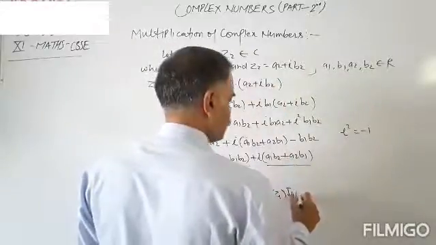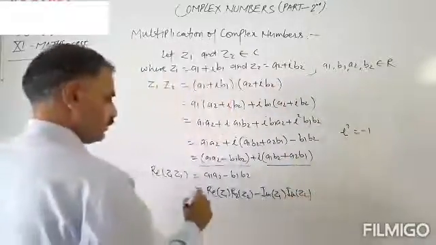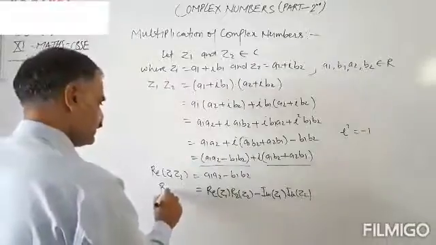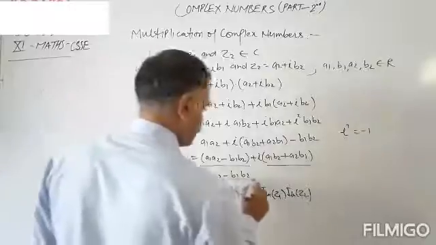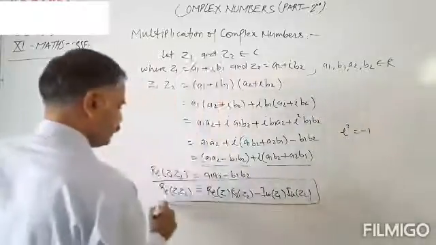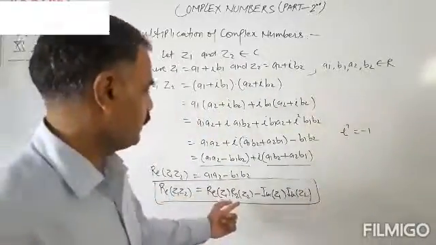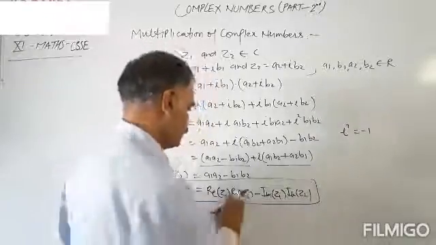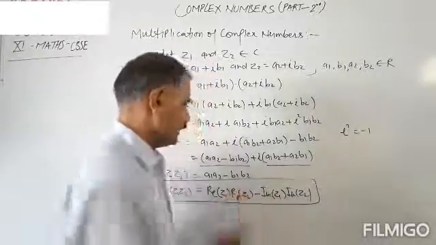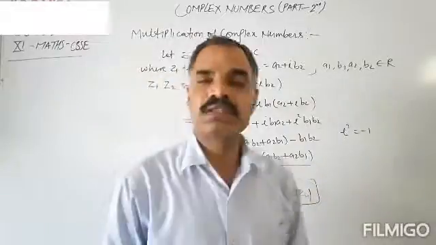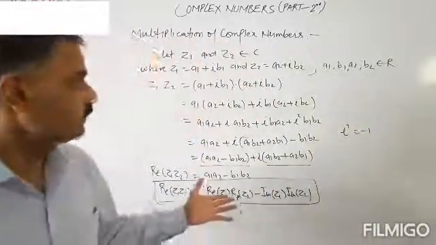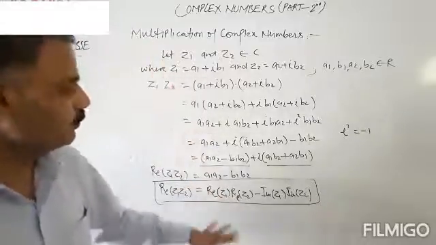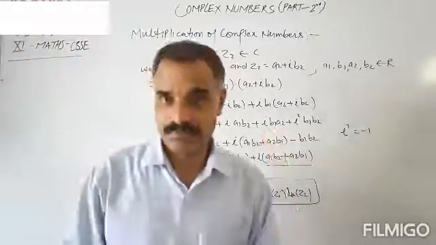So the real part of Z1 into Z2 is equal to the real part of Z1 times the real part of Z2, minus the imaginary part of Z1 into the imaginary part of Z2. Okay, so this is the first result of multiplication of two complex numbers.